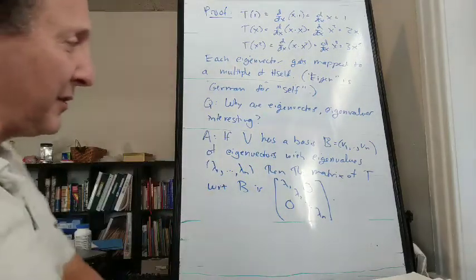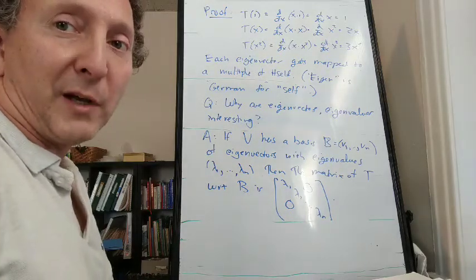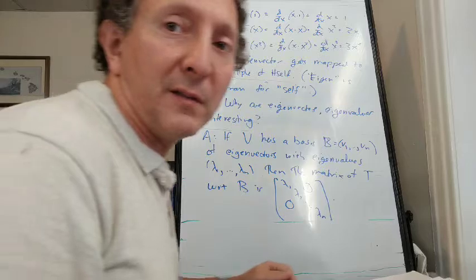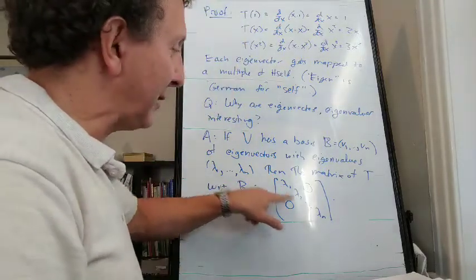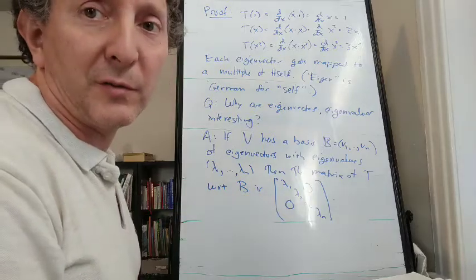And diagonal matrices are nice for several reasons. One, multiplying by a diagonal matrix is easy. This is lambda 1 through lambda n on the diagonal, and zeros everywhere else.